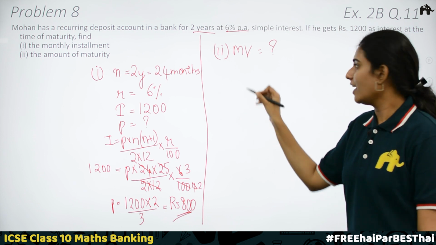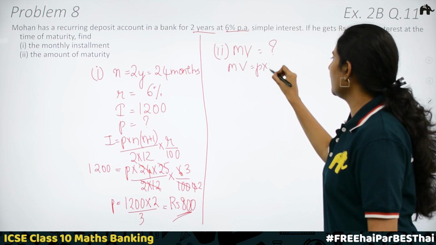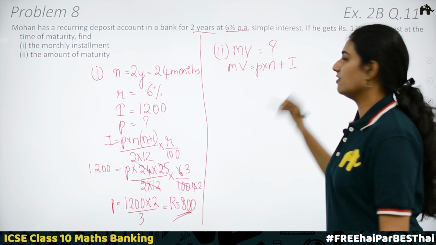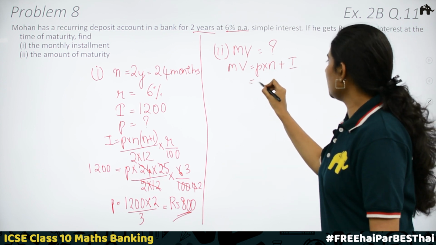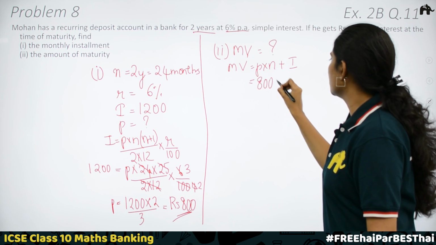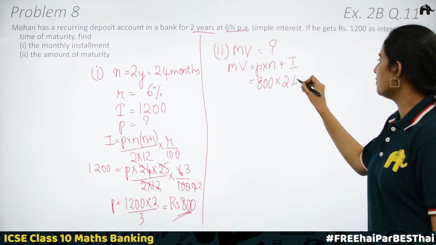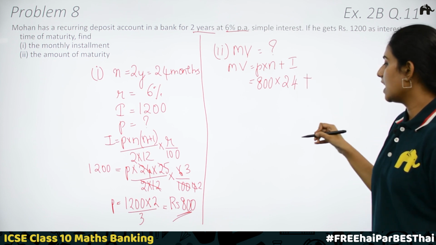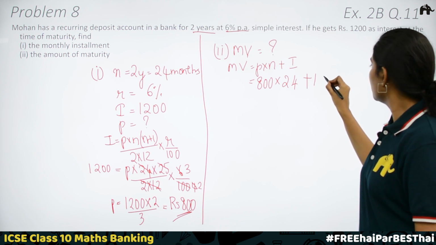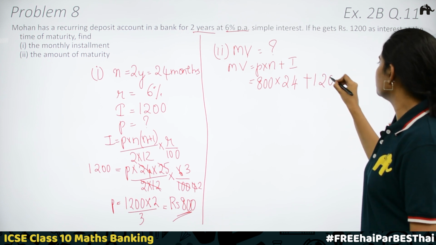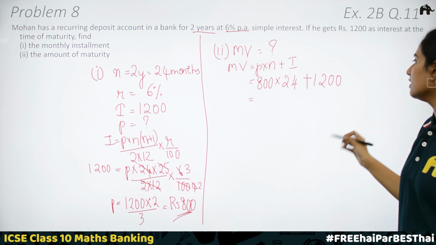How do you find maturity value? MV is equal to P into N plus I. We just need to substitute the values. P 800 into N 24 plus I is given in the question, that is 1,200. 24 into 8.